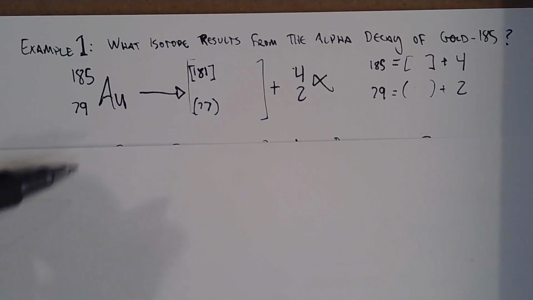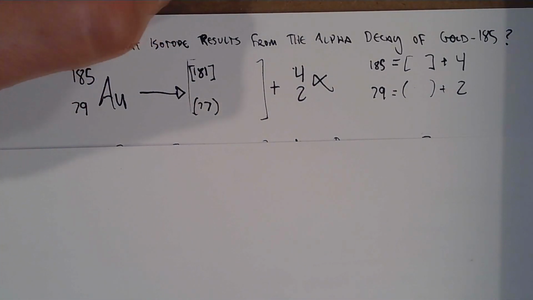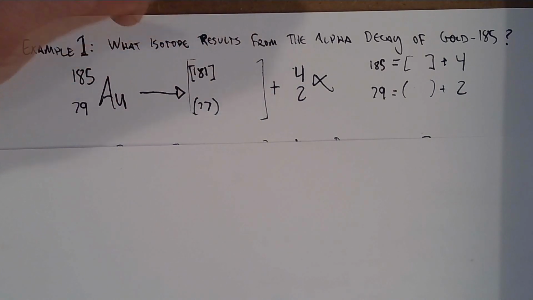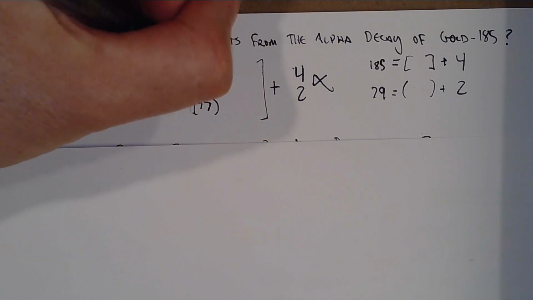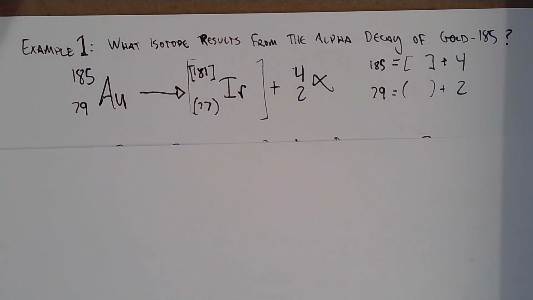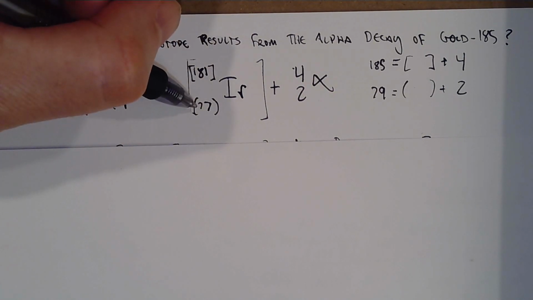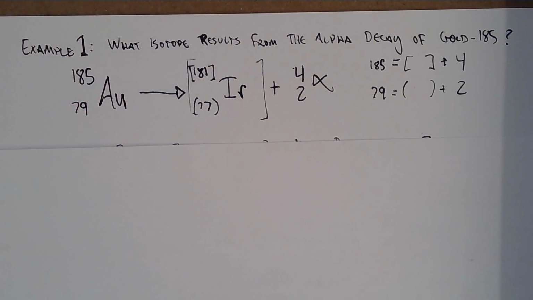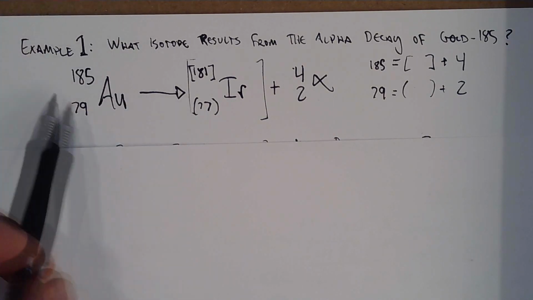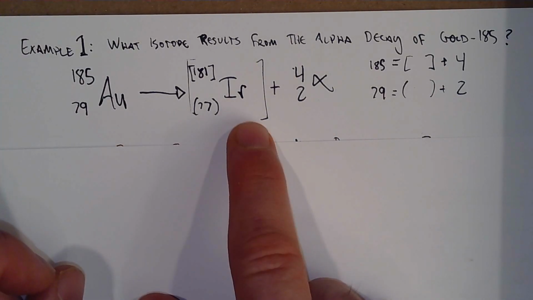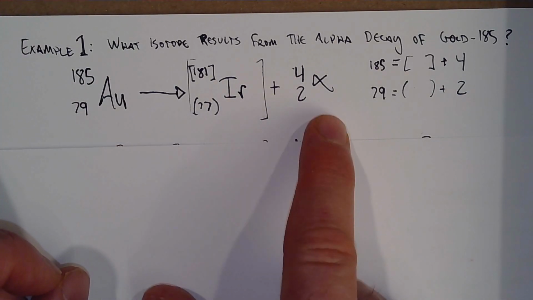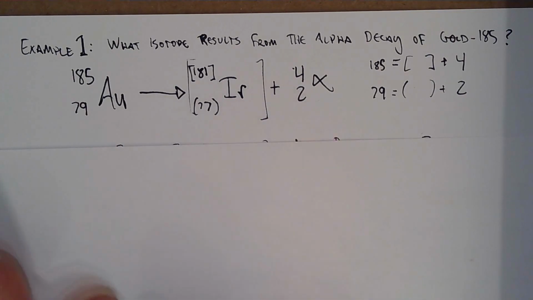Getting a little lighter than we would expect, but 77 is again Ir. All right, so iridium 181, atomic number 77. All right, and that's how we do it. So gold decays into iridium 181 plus an alpha particle.